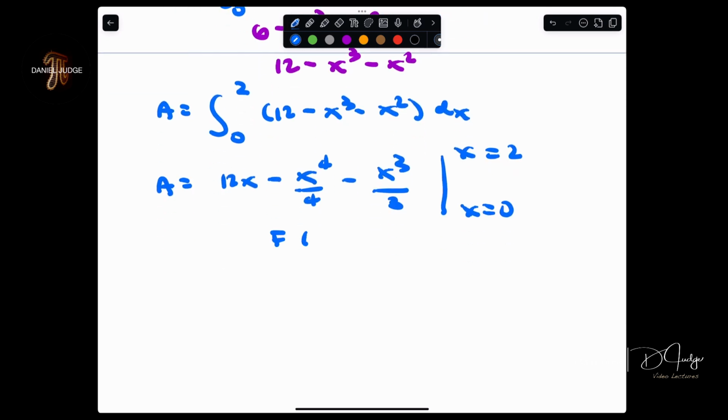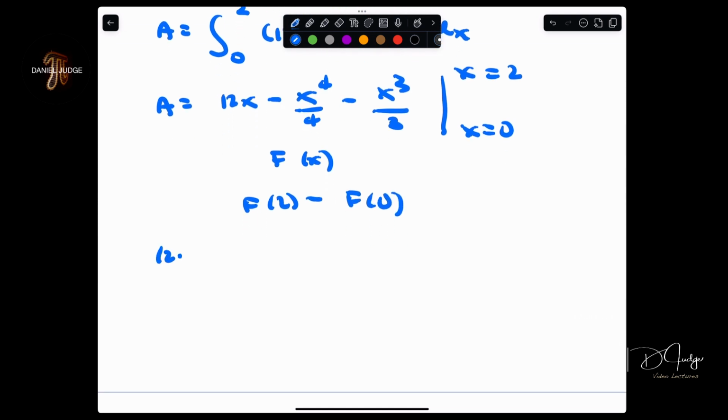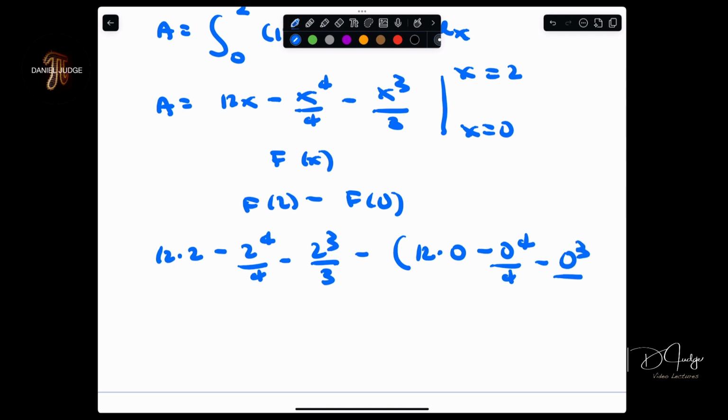This is the antiderivative again, and we have to do f of 2 minus f of 0. So I do that just to kind of make things clear for myself. And, okay. 12 times 0 minus 0 to the 4th over 4 minus 0 cubed over 3. I like 0 because this whole portion is 0.